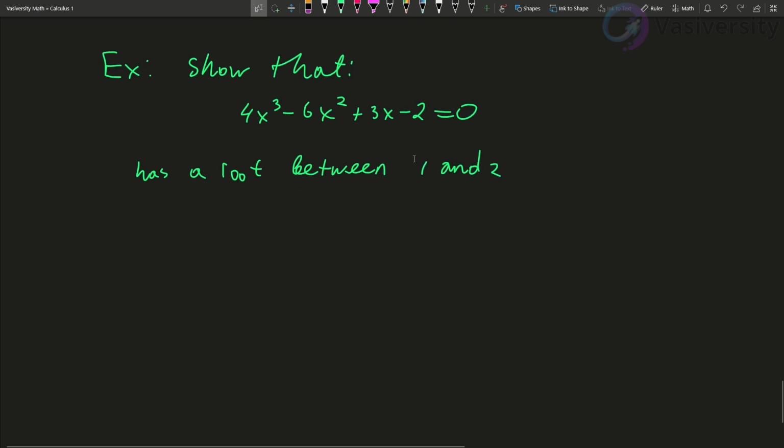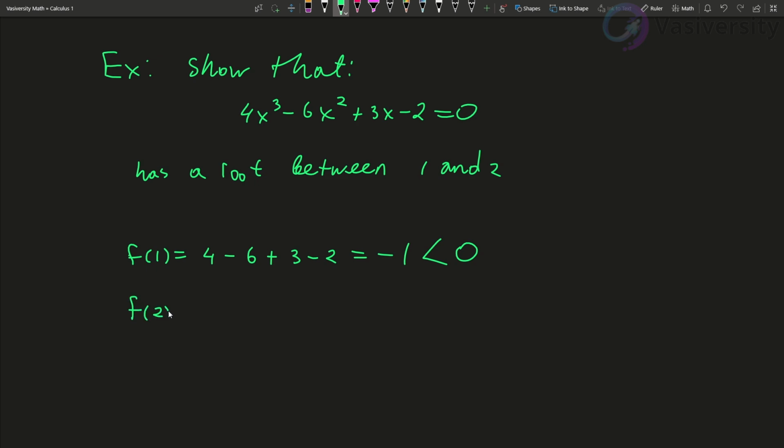So the first thing we have to do is check whether we actually cross the x-axis between those two values. So f of 1 is going to be 4 minus 6 plus 3 minus 2, which is equal to negative 1, which is less than 0.